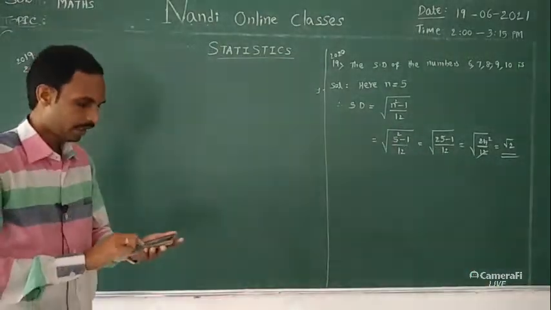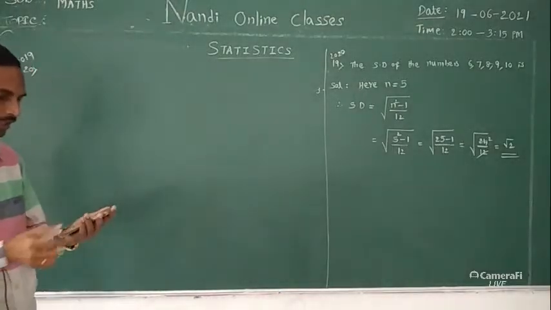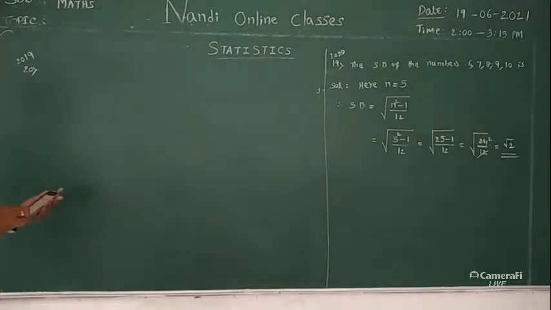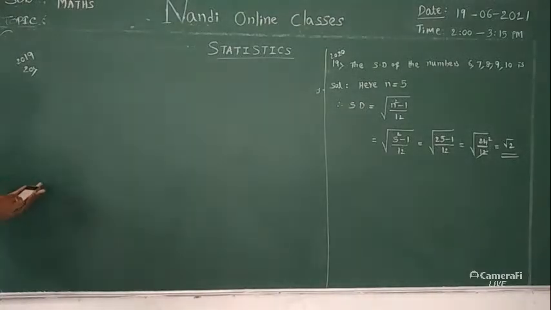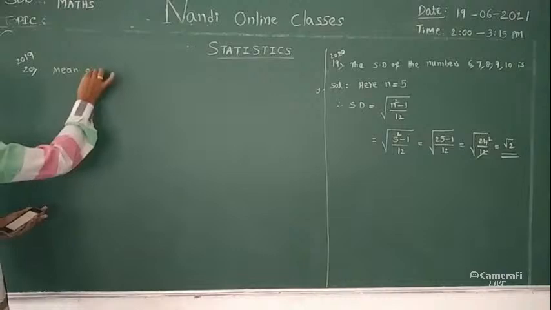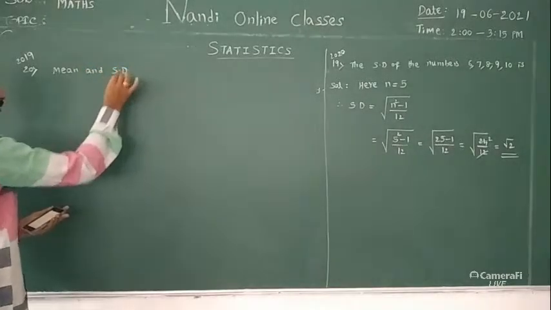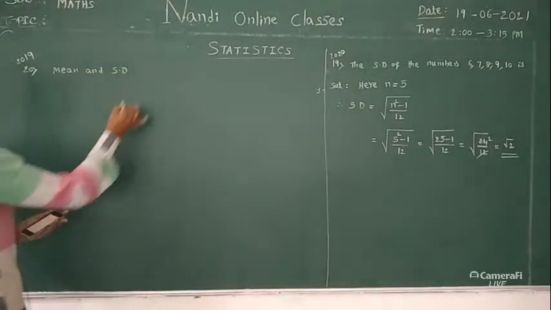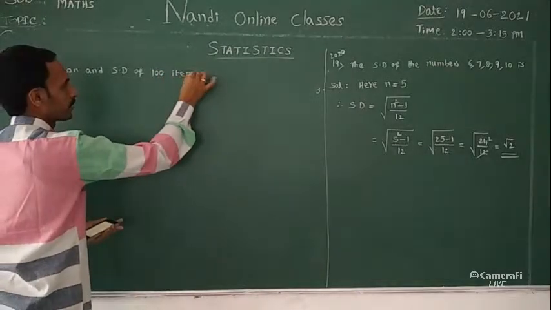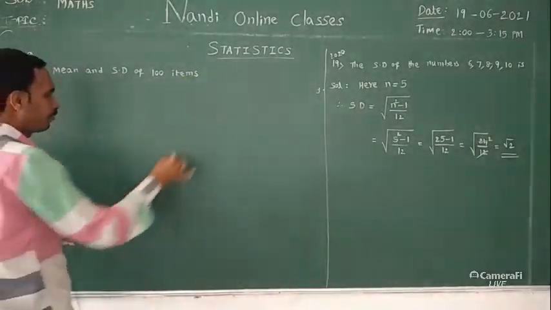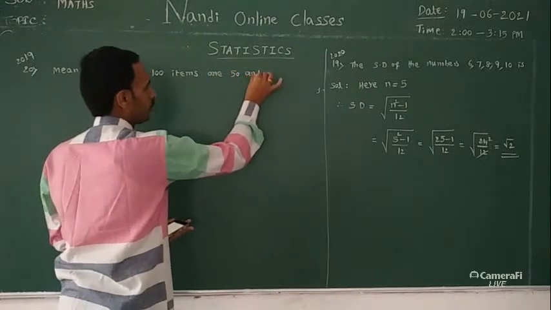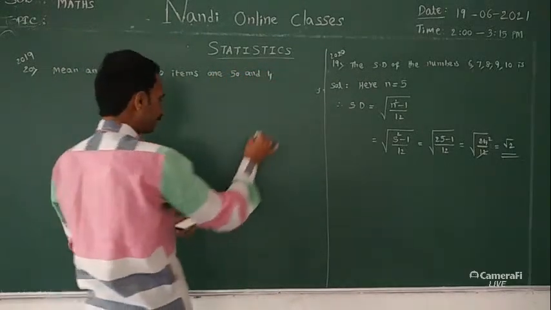Okay, I am doing another problem. Problem given in 2019. The mean and standard deviation of 100 items are 50 and 4 respectively.